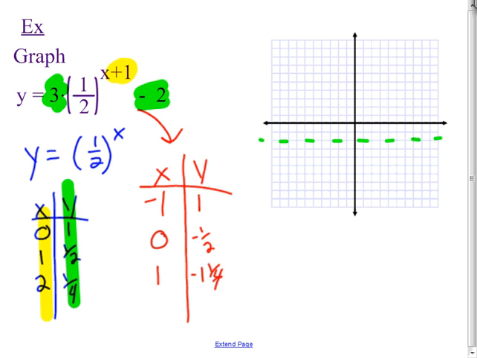I fixed my x and y values based on their parents, and then plotted the points. I have those points. This is a decay because my base is a half. So as x gets larger, my y value approaches negative 2 versus shooting off to infinity. So there's a graph using the 3 different transformations you will be looking at with exponentials.